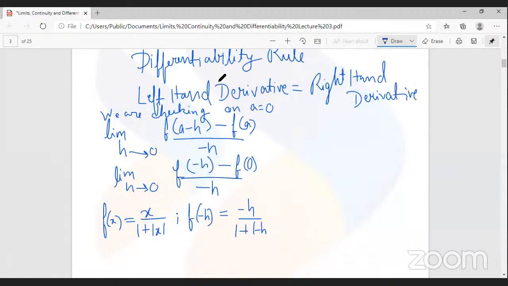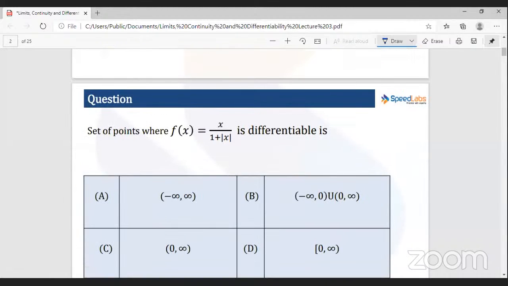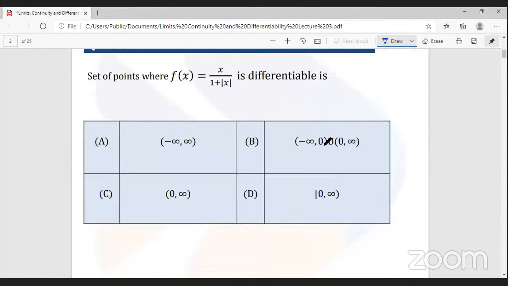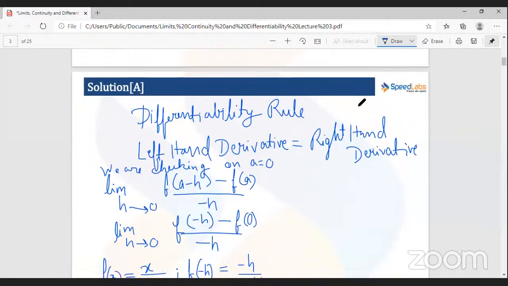Okay, Yash, we are discussing the first question now. This was the question: set of points where fx equal to x upon 1 plus mod x is differentiable. What I'm checking is in the options, this 0 is looking as a key factor, right? So I'm checking the differentiability at 0 and then I'll comment on the question.